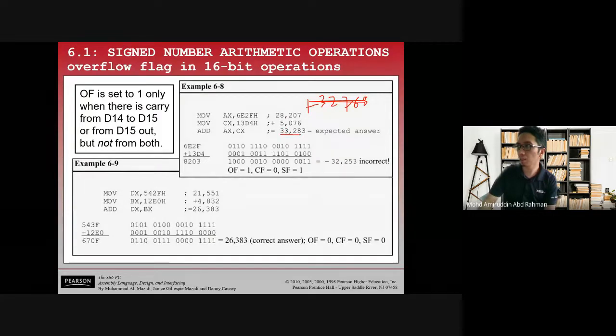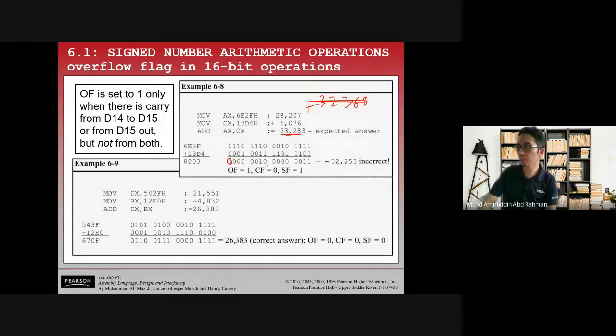But here that is exceeded, so of course the OF flag will be 1. Looking at the addition of this number, when we add these two, we have the sign flag of 1 here, which is negative. It is negative 32253, so this is incorrect.